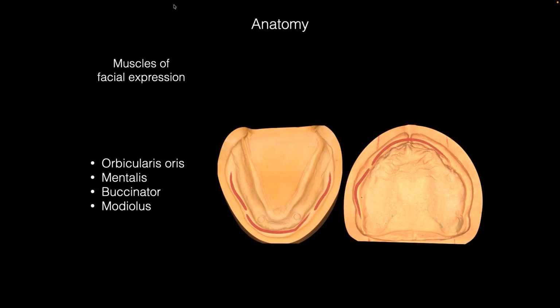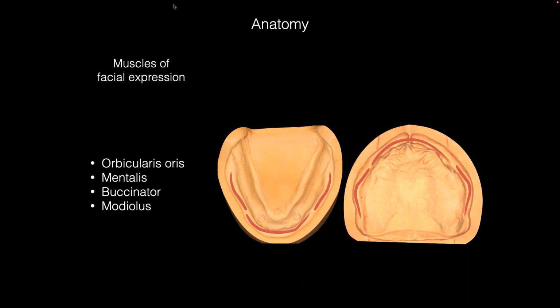What about the muscles of facial expression? The orbicularis oris, mentalis, buccinator, and modiolus. They are all around the labial, mesiobuccal, and distobuccal flanges of both the maxillary and mandibular denture. How many times have you seen a patient who comes and says, hey doc, when I smile, my denture falls off? Or if I want to whistle, my denture falls off, or it starts moving.